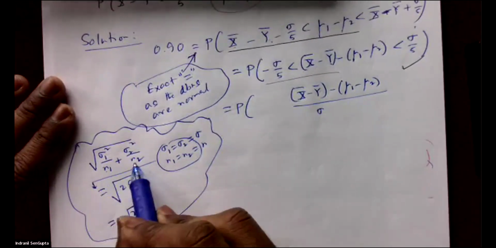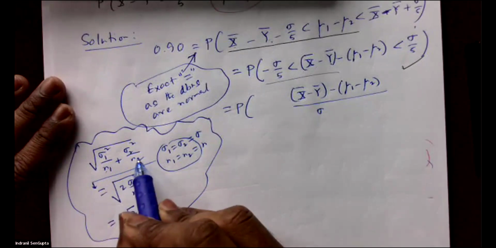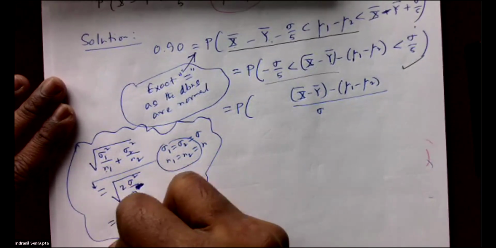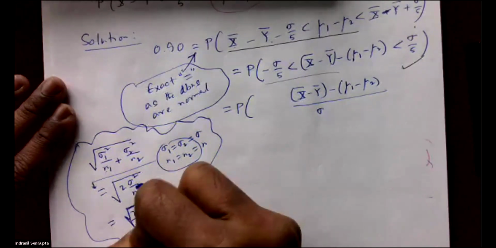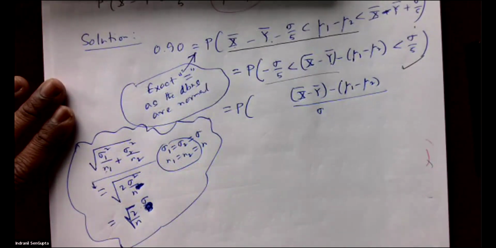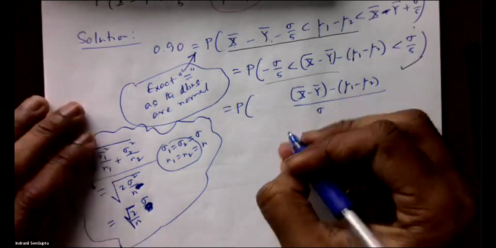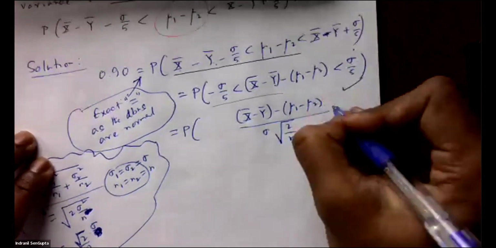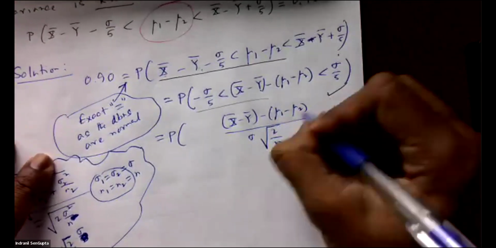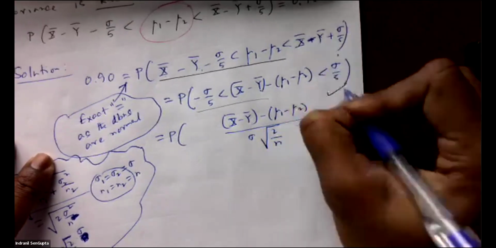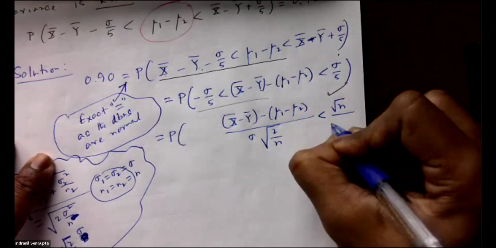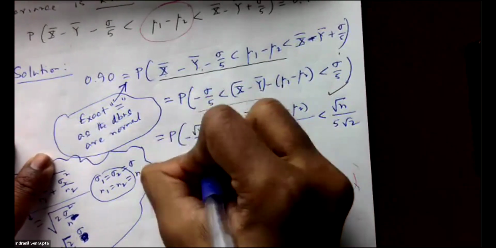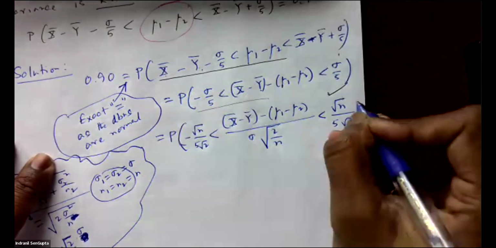It's basically N1 and N2, so it's replaced by N. So I should have a square root of 2 over N here. It's sigma square root of 2 over N. I divided by that, so I have to do the same thing for the other sides. The square root of N goes to the top and sigma divided by sigma goes away. So it's 5 square root of 2, and here it becomes minus square root of N over 5 square root of 2.